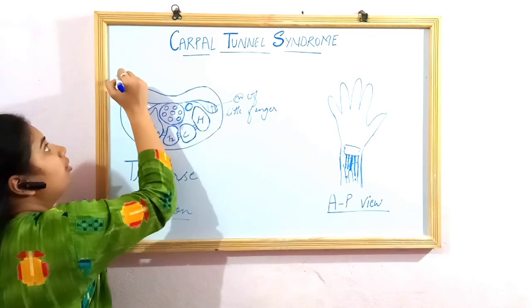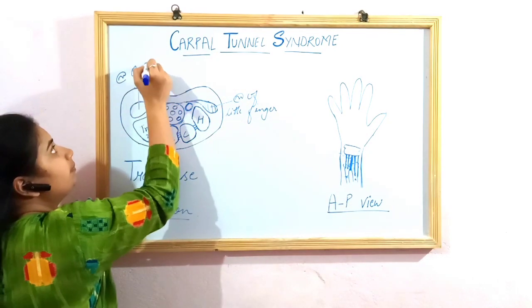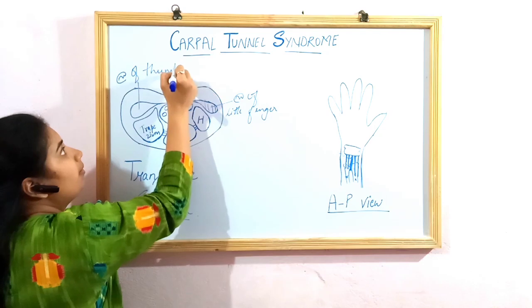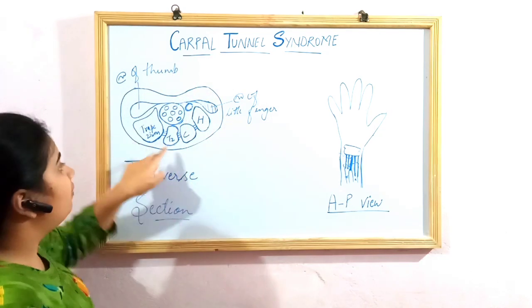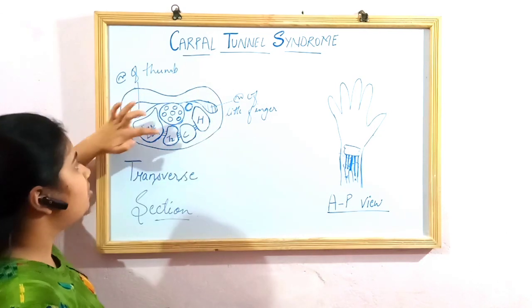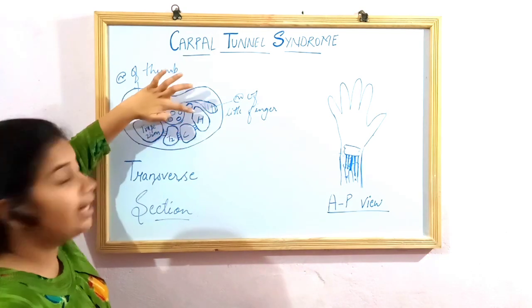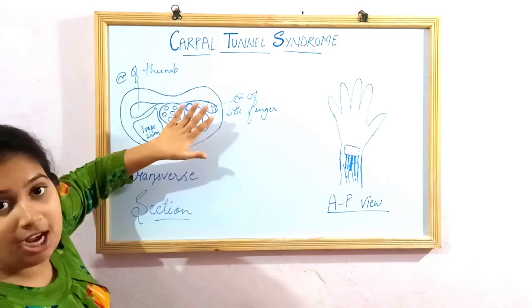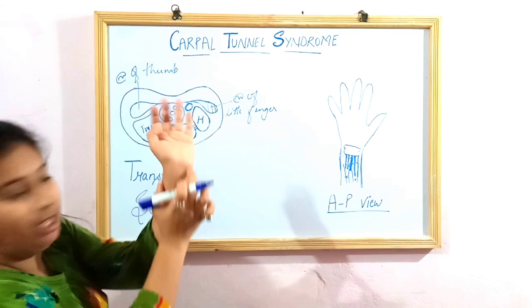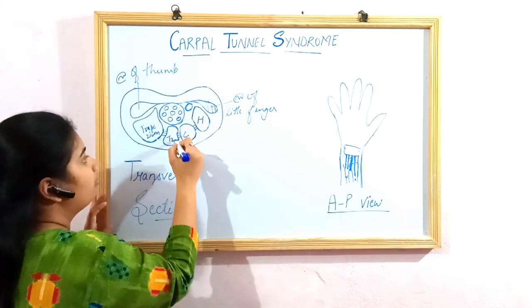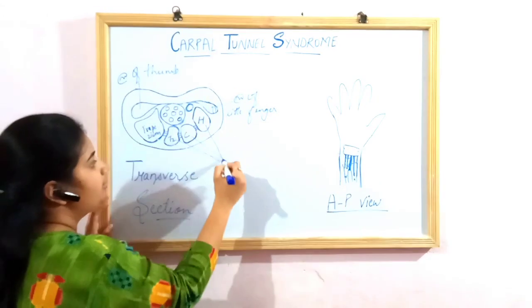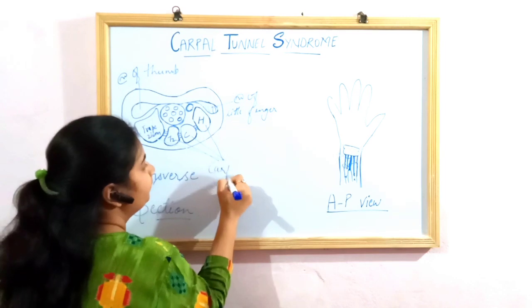And this is the muscle of the thumb. These are the carpal bones: trapezium, trapezoid, capitate and hamate. These four are our carpal bones which we have over here.